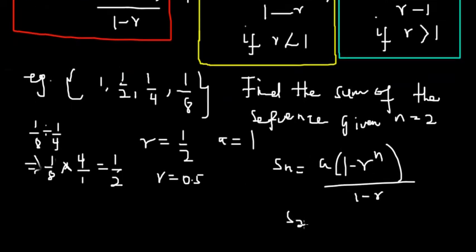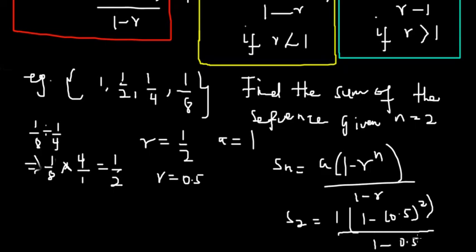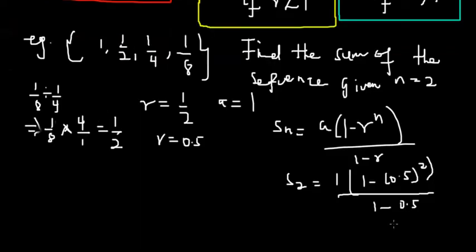So S2 is equal to the first term, which is 1, times (1 minus the common ratio 0.5, to the power 2), divided by 1 minus the common ratio, 0.5. When you compute this, you end up with 1.5.